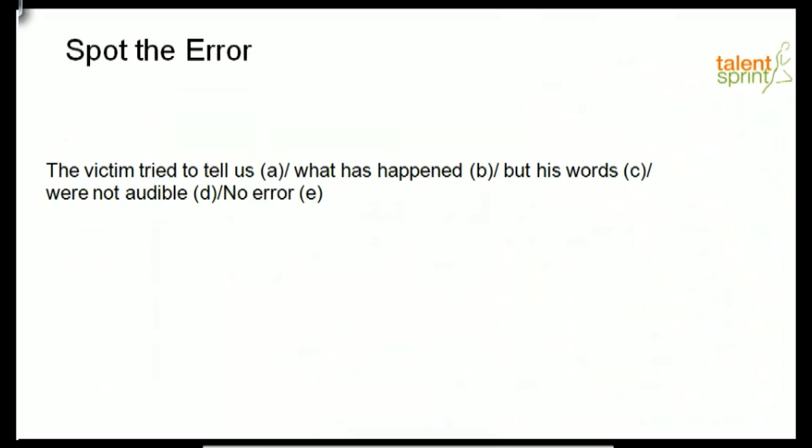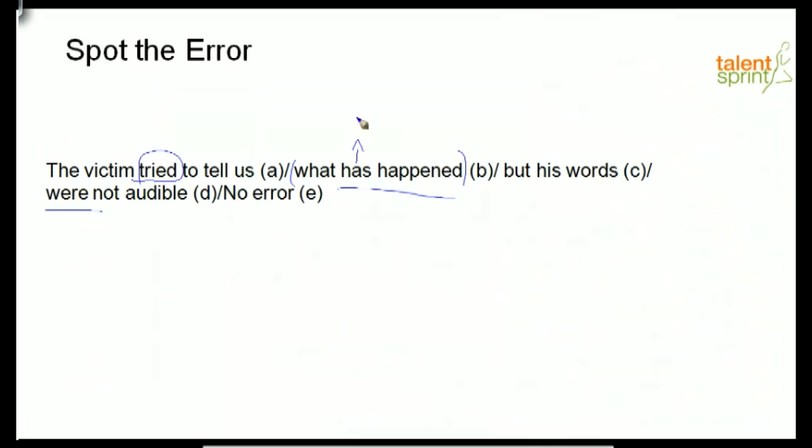So, Shalu is correct. Some of the words that give us a hint is tried. Exactly, Kirti. So, obviously, we know that B has to be changed, because it says has happened, which is a present perfect tense. We need a past perfect tense.